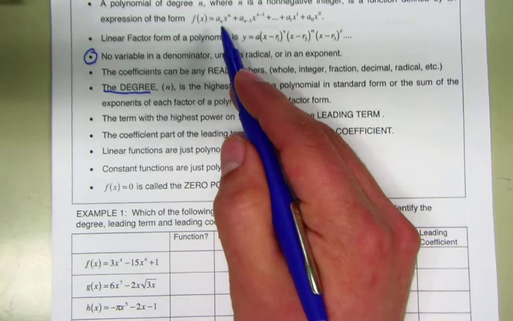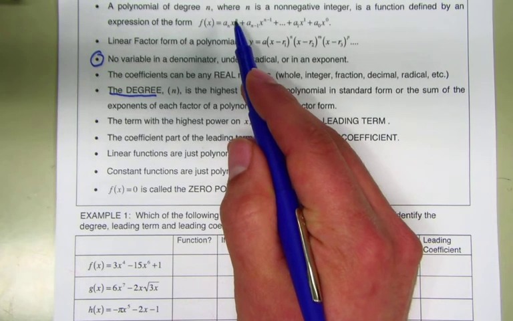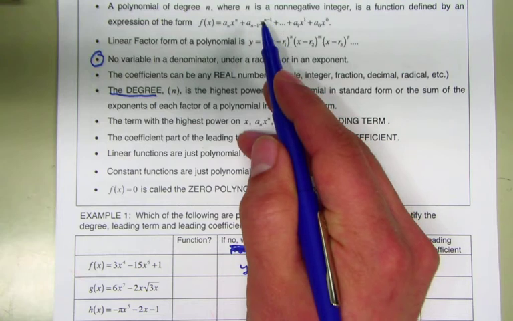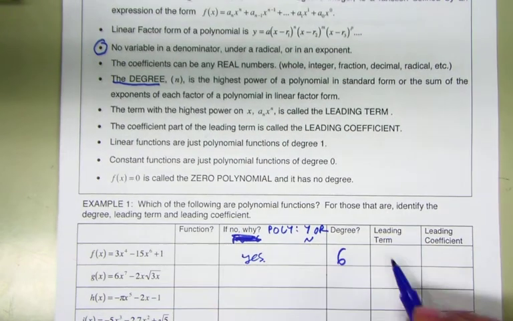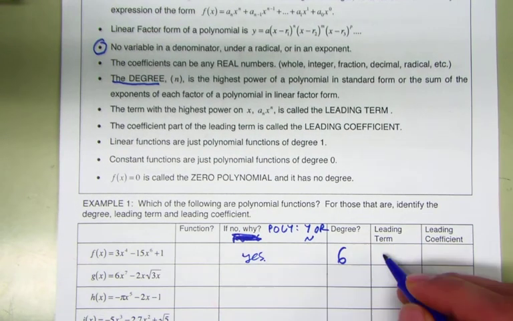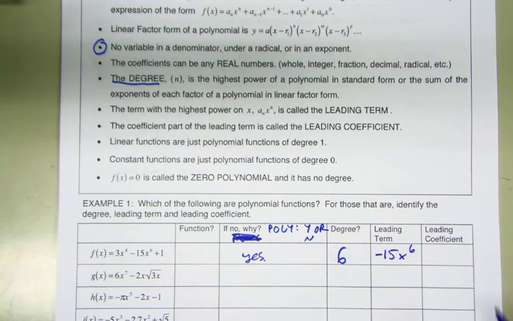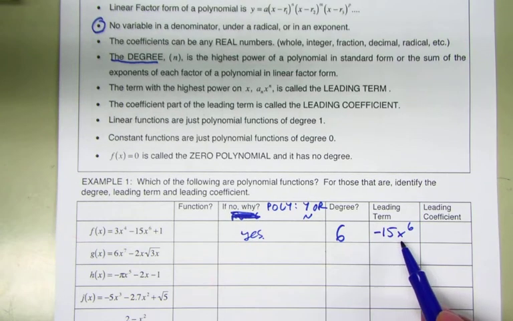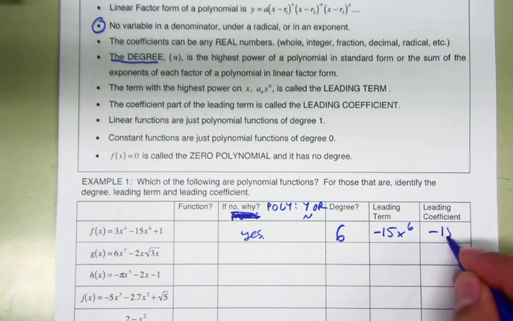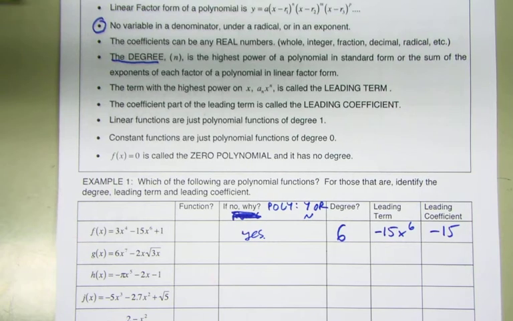Typically, we write it in this format where the biggest exponent is first, and then we just go down in order. So the leading term here would actually be negative 15x to the 6th. Leading coefficient means what's the coefficient of the leading term? So that'd be negative 15.